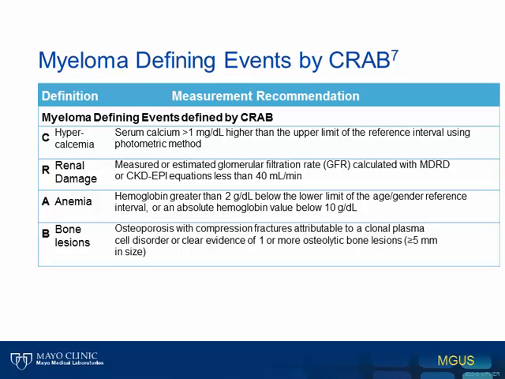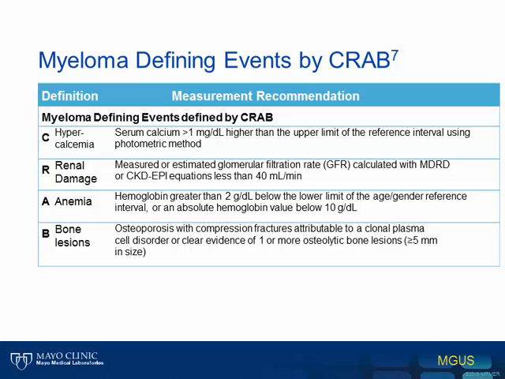CRAB has been defined as C for hypercalcemia, where serum calcium greater than 1 milligram per deciliter higher than the upper limit of the reference interval, using a photometric method, is established. R stands for renal damage, and it is defined as measured or estimated glomerular filtration rate, calculated with MDRD or CKD-EPI equations, less than 40 mL per minute.